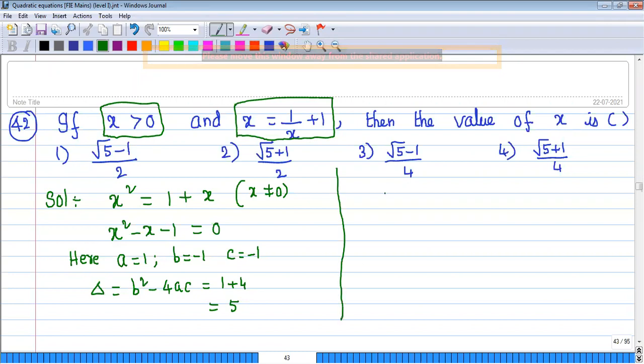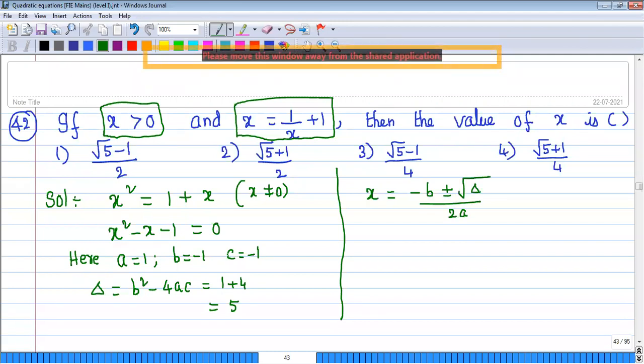Quadratic formula: x is equal to minus b plus or minus root delta upon 2a. So minus of minus 1, plus 1 plus or minus root 5 upon 2. Since x greater than 0, we need to collect only the positive side. So therefore, x equals root 5 plus 1 by 2.